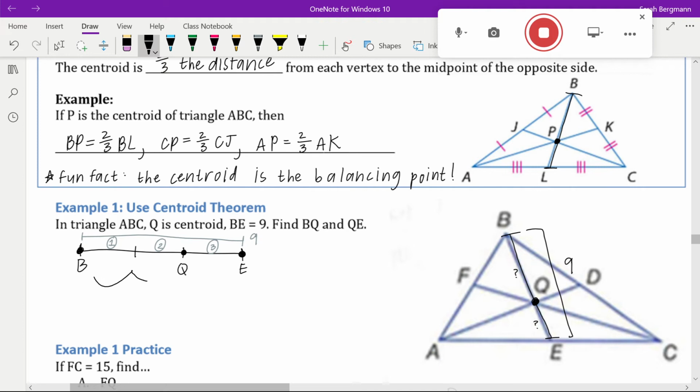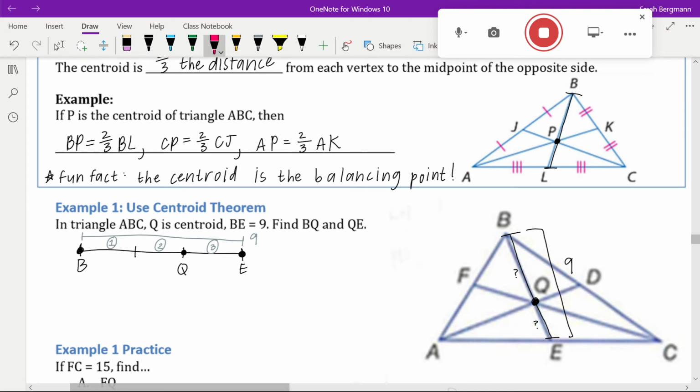I have one section, 2 sections, then I get to Q, and one more third will get me to E. So if I know that this entire segment is 9 units, what's the length of each section?